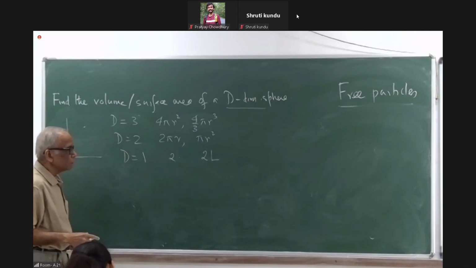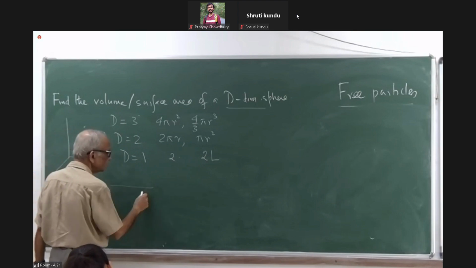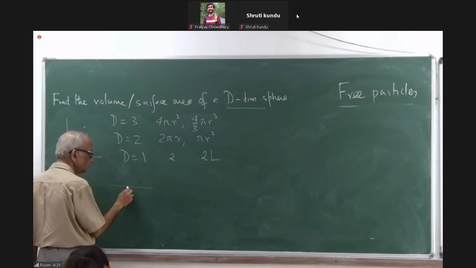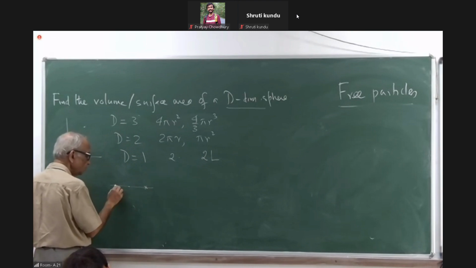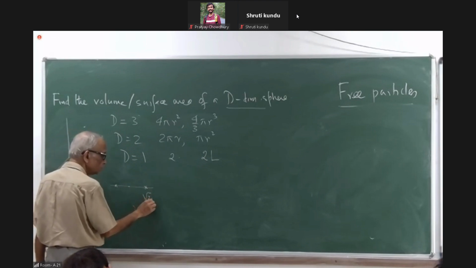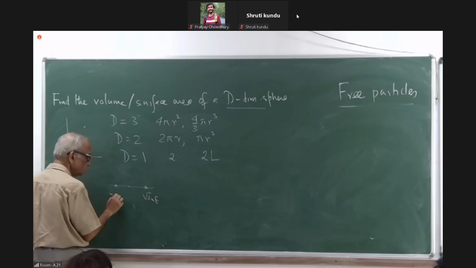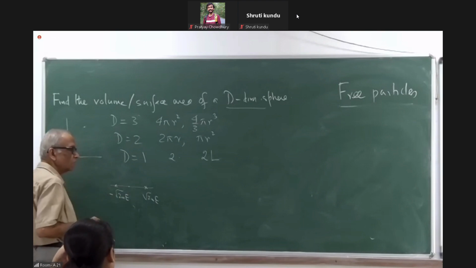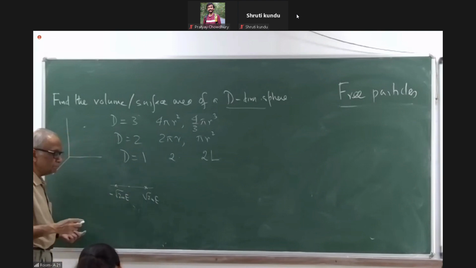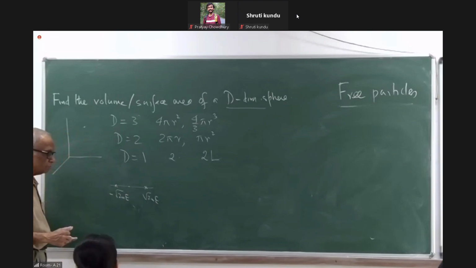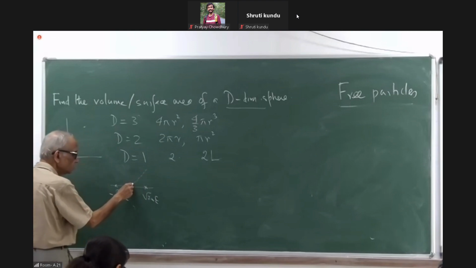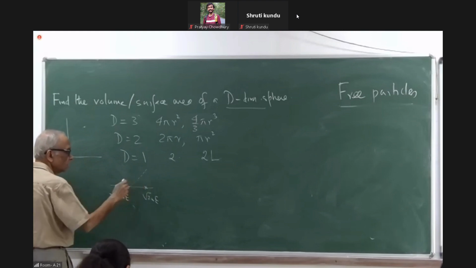So I have D equal to 1, a particle has a given momentum, p squared, so given energy, so p can be plus square root of 2mE and minus square root of 2mE. So those are the 2 points in the p direction which it can occupy. And what is it in the x direction? So this is my p direction, and here is x.